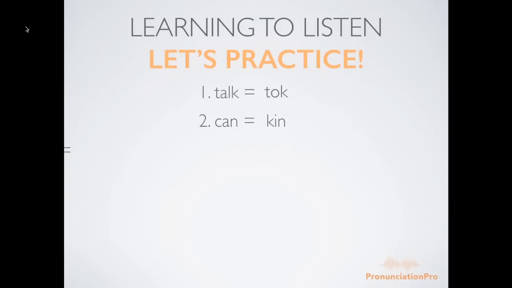The idea of it being kin has a lot to do with the idea of stressed and unstressed words. When you get into the word stress practice, we have an exercise in the program contrasting can and can't. A lot of times these words are confused, can and can't, because can is typically pronounced as kin, because it's unstressed.